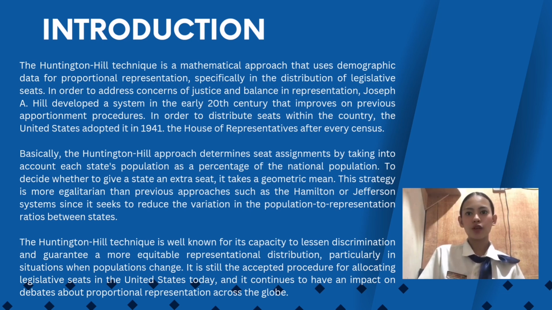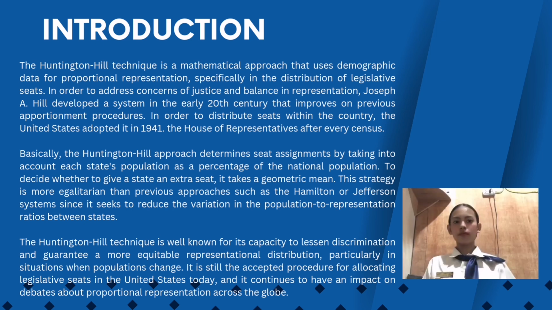To decide whether to give a state an extra seat, it takes a geometric mean. This strategy is more egalitarian than previous approaches, such as the Hamilton or Jefferson system, since it seeks to reduce the variation in the population to representation ratios between states.